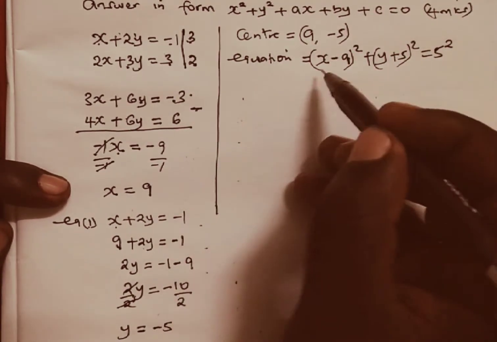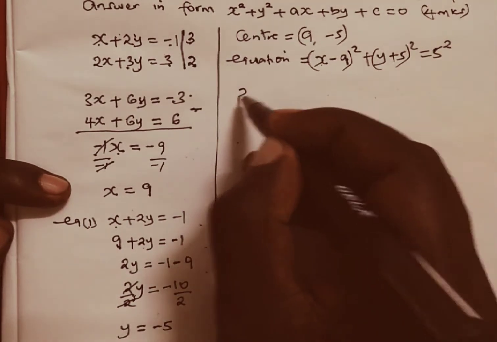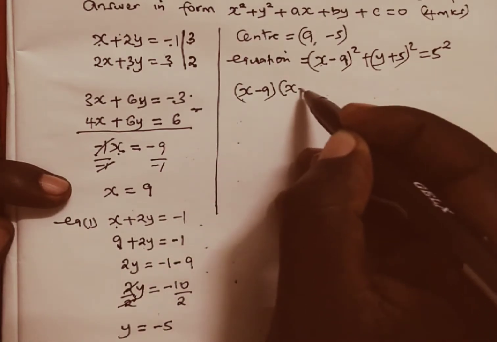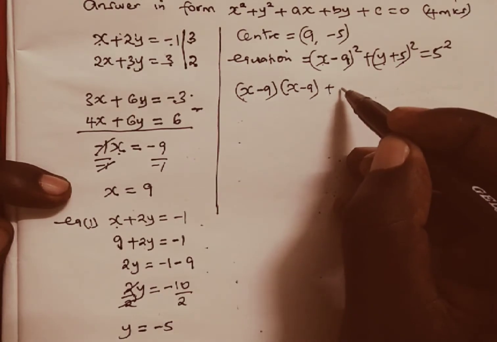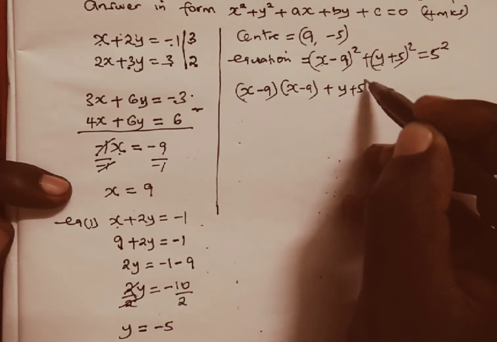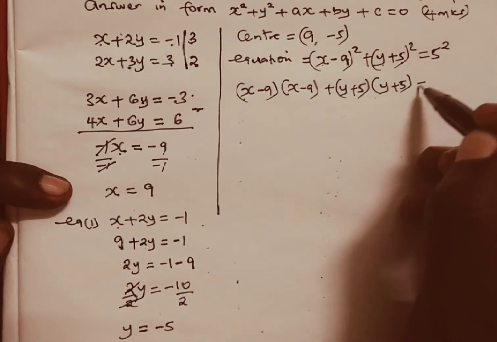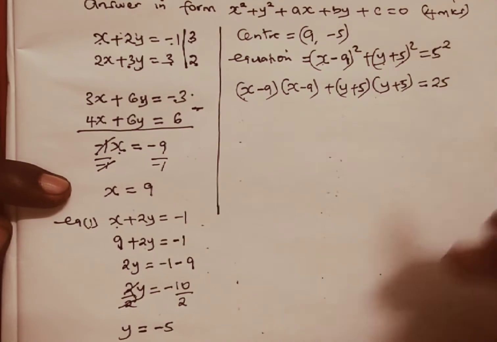From here, x minus 9 squared is the same as x minus 9 into x minus 9, plus y plus 5 squared is the same as y plus 5 into y plus 5, and this is going to be equal to 5 squared, which is 25.